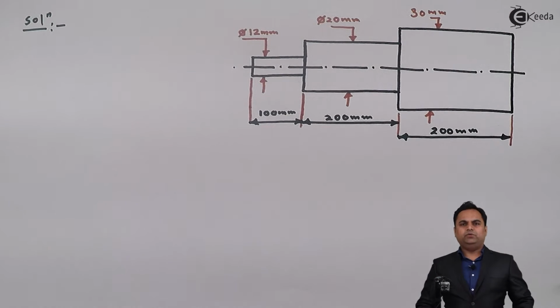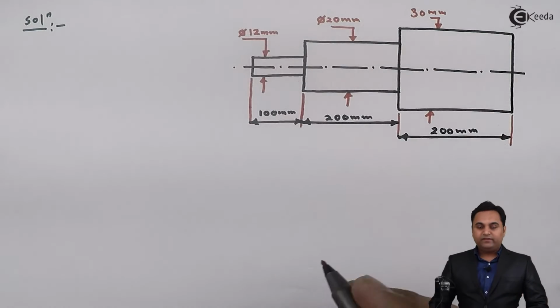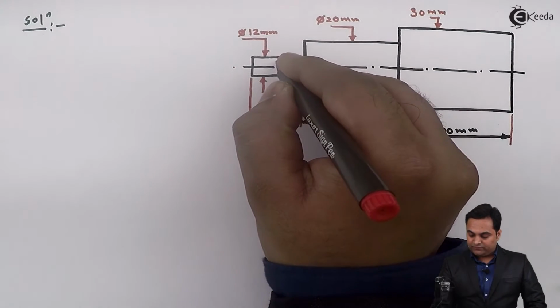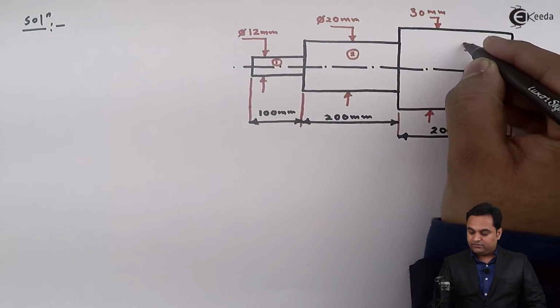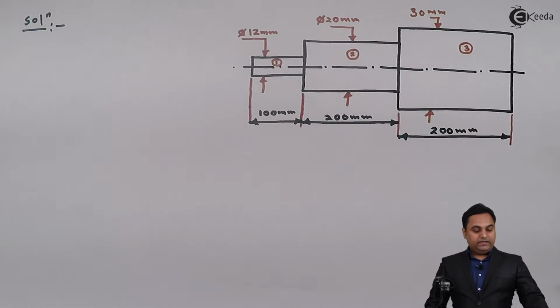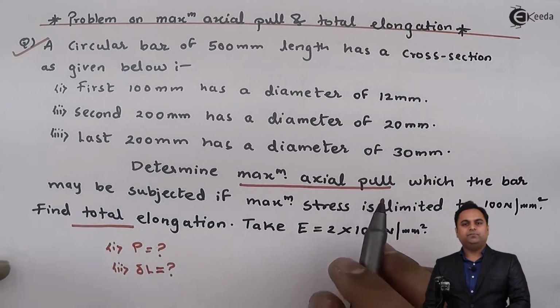So here what I will do, I will divide this stepped bar into three parts. Diameter 12 mm will be the first part for us. Next this will be second, and here third part. Then I'll read the question what is given next. Determine the maximum axial pull.